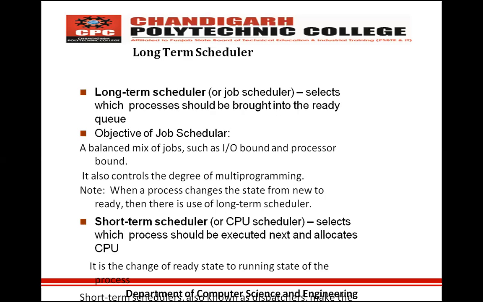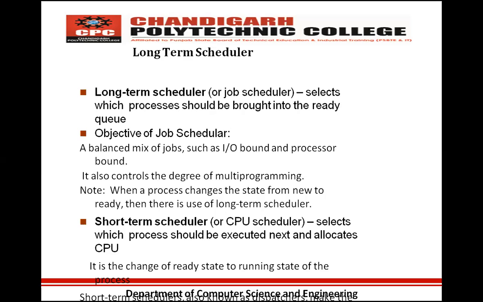That is known as ready. So what are its objectives? Its objective is the control of the degree of multi-programming. Multi-programming is possible when a lot of programs enter into the system and reside in the job pool, in the job queue.